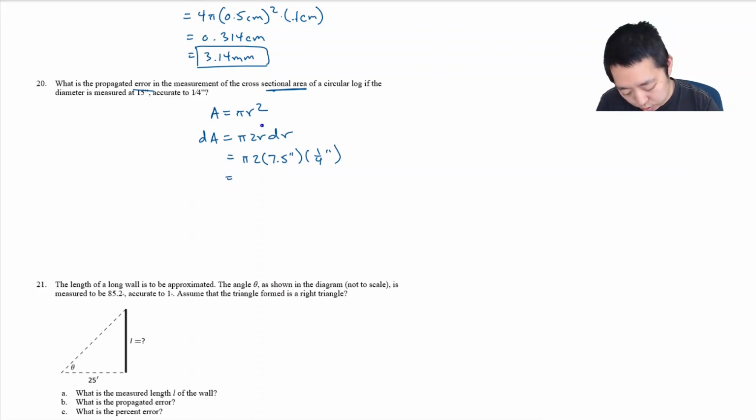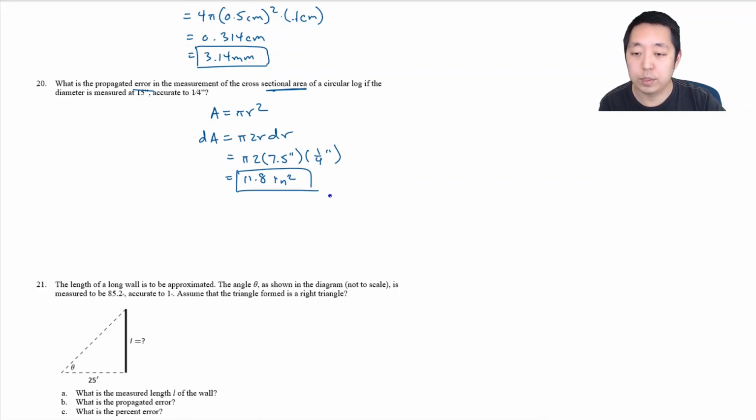So this is 2 pi times 7.5 divided by 4. I get 11.8 square inches as the propagated error. So even though I'm accurate to 1/4 of an inch, it makes a pretty large error in the area.